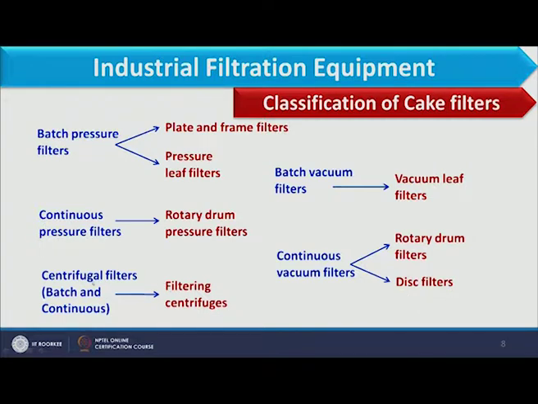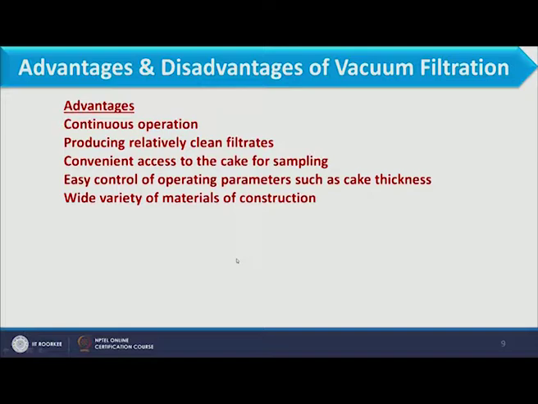Along with this we have centrifugal filters which can be operated for batch as well as continuous operation, and under this category filtering centrifuges are found. So these are some of the classifications of different cake filters. Now here we have seen one condition, that is under vacuum, and the second at normal condition.